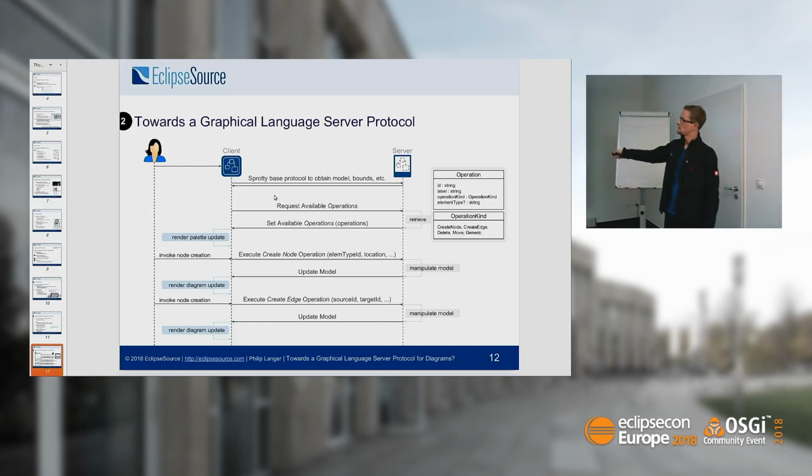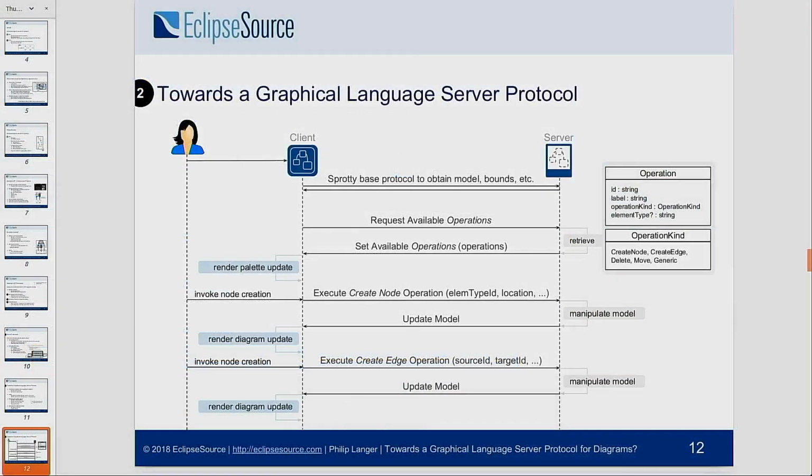What our graphical language server client puts on top of that is, it first of all requests the available operations that can currently be applied, and the server returns a list of operations that are available. An operation is basically just a description with an ID, a label, and an operation kind. Operation kinds are, for instance, create node, create connection, or create edge, delete, move, and generic.